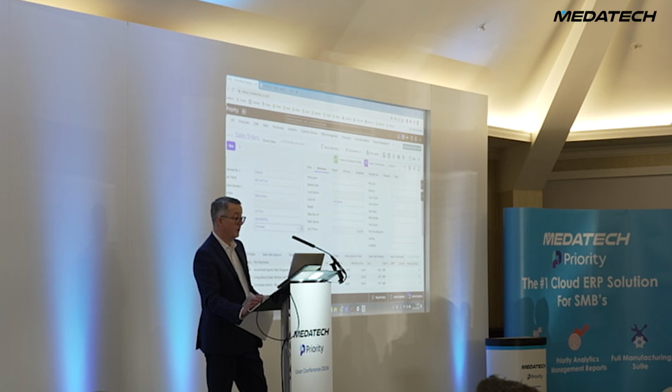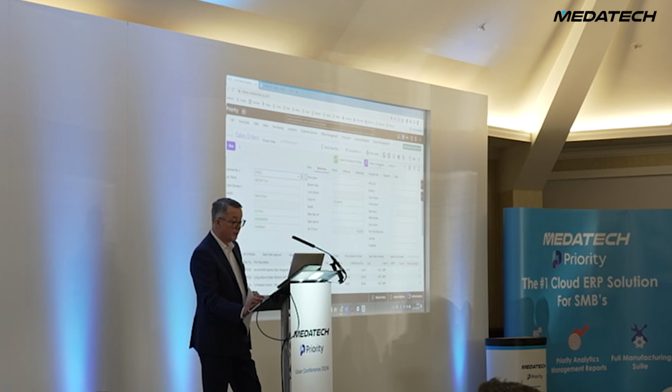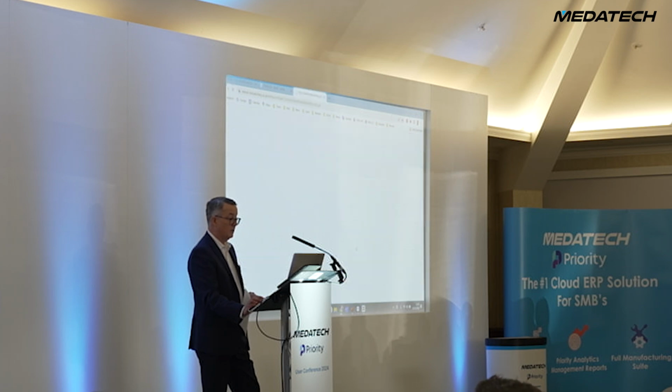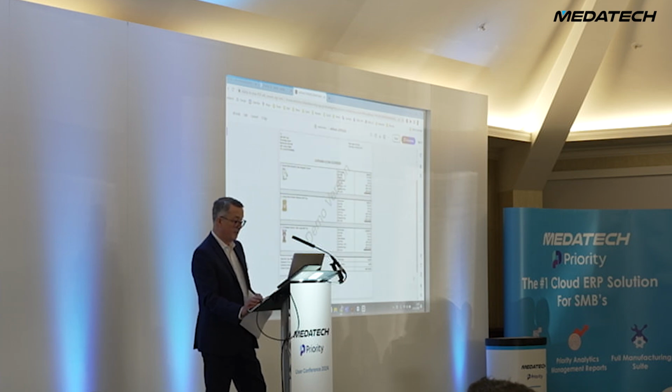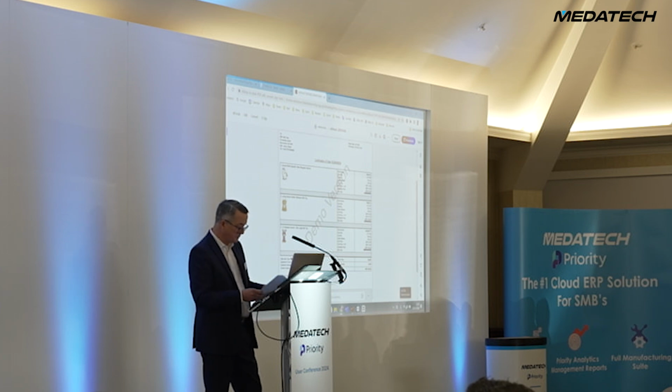So we've now got a confirmed sales order. Nearly got a confirmed sales order. Excellent. Okay, we now have a confirmed sales order, and it's probably the cutest confirmed sales order you've ever seen.